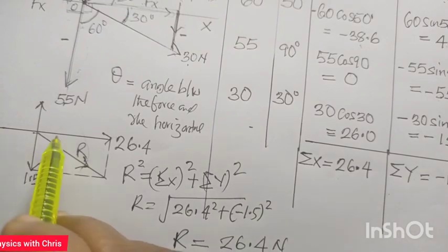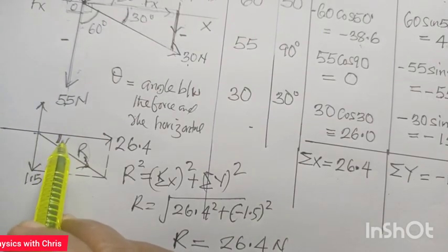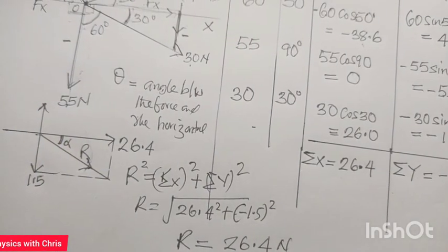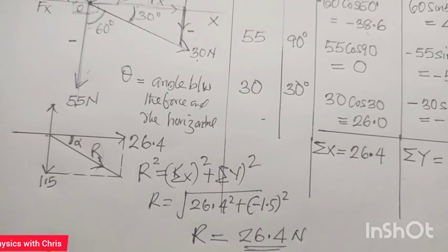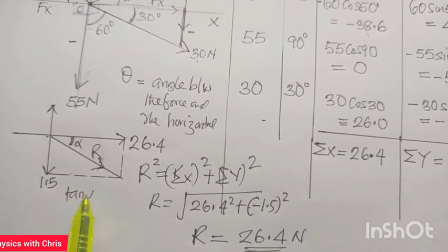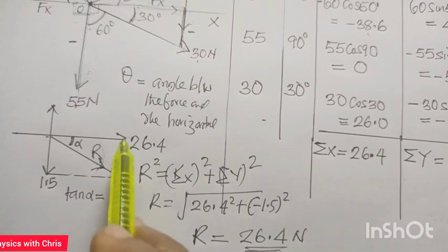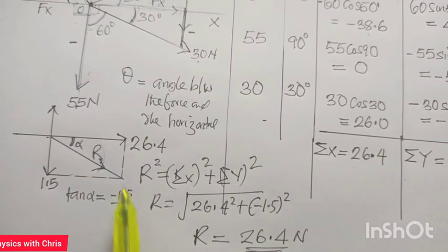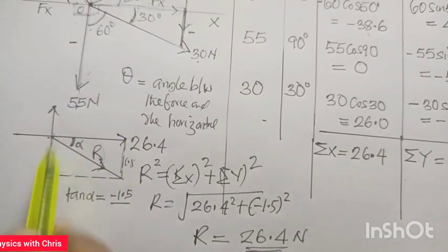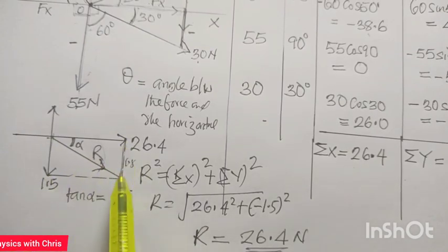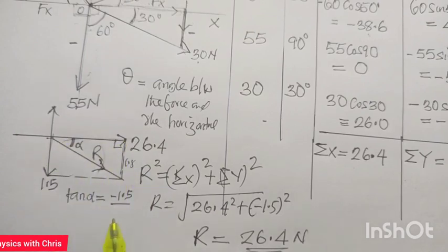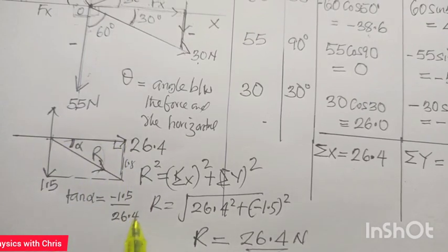The direction, we can take that as this angle, the angle the resultant line makes with the horizontal. From SOHCAHTOA, we have tan alpha equals opposite, which is minus 1.5. This is also 1.5 because this side is 1.5. This is my opposite, this is my adjacent, over adjacent 26.4.